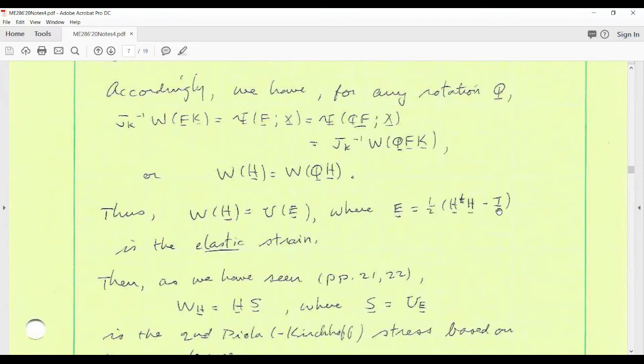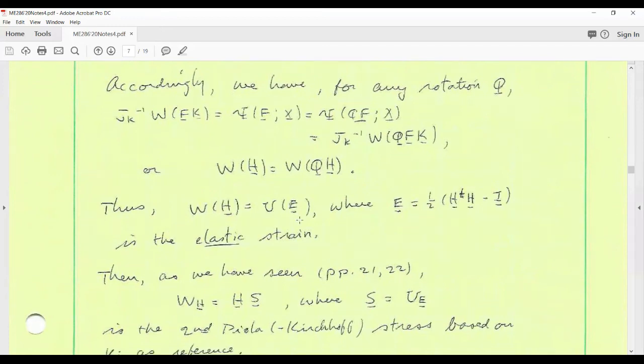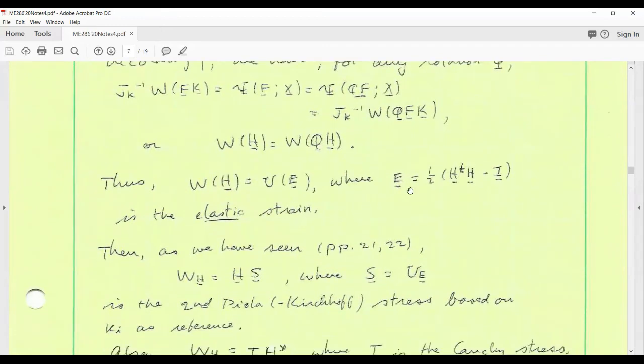So this is 0 when we're in our local relaxed state. Okay. So as usual then, the strain energy depends on the strain, in this case the elastic strain. So don't confuse this with the overall strain based on F transpose F. Rather than put in all the subscripts to distinguish them, I'll just from now on write E as the elastic strain, okay?